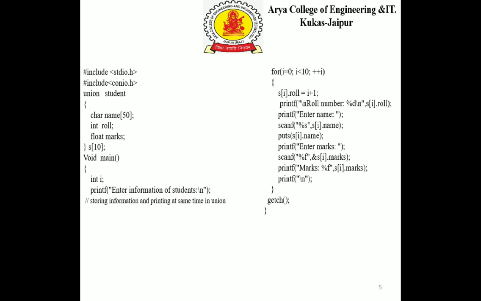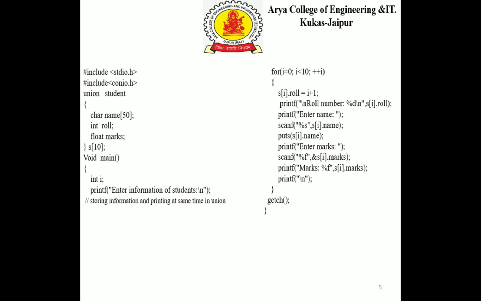See here, we will be allocating memory for the largest data member that the union has. The largest data member is name, which has 50 characters, and each character takes 1 byte, which means 50 bytes will be allocated for the union, and these 50 bytes will be used by all of these data members one by one.